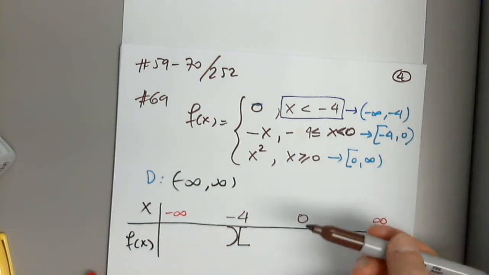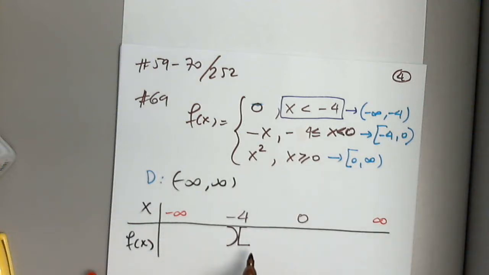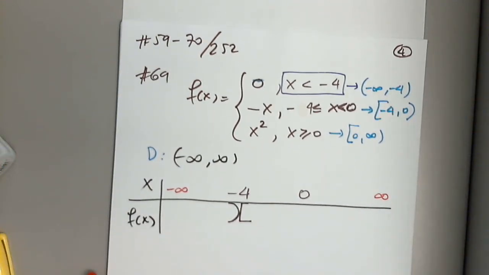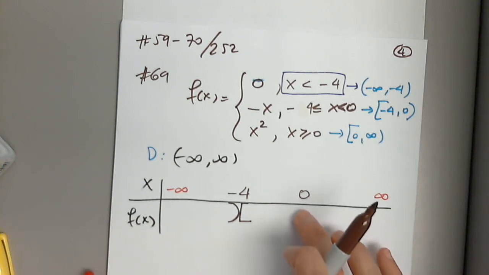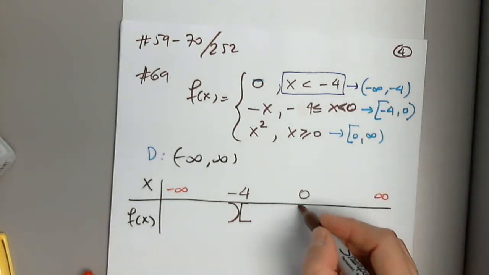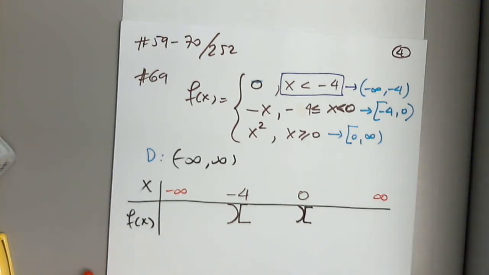So left parenthesis facing this way, a right bracket facing that way, under -4. Although you don't know why I'm doing this yet, can you tell me what to write under 0? Same thing. A parenthesis facing left and a bracket facing right. Bear with me and you'll understand this in a blink.